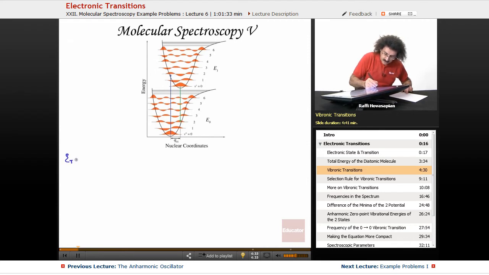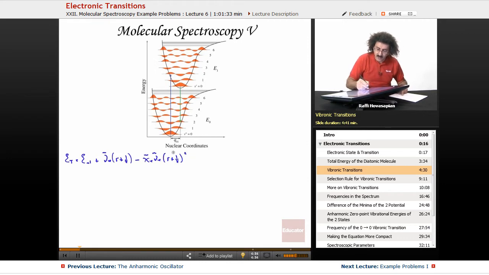E total equals E electronic plus nu sub e times (v plus 1/2) minus x sub e nu sub e times (v plus 1/2) squared. This is the vibrational energy under the anharmonic oscillator.